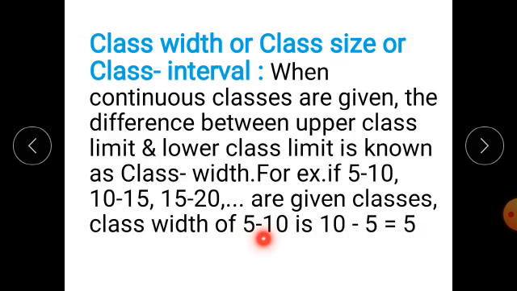So for this class 5 to 10, class width is 5. Again for 15 to 20, class width is 20 minus 15, 5. Again for this class 10 to 15, class width is 15 minus 10, 5.